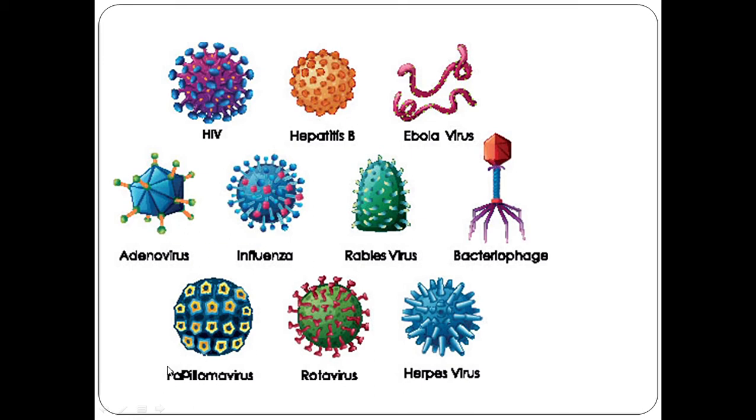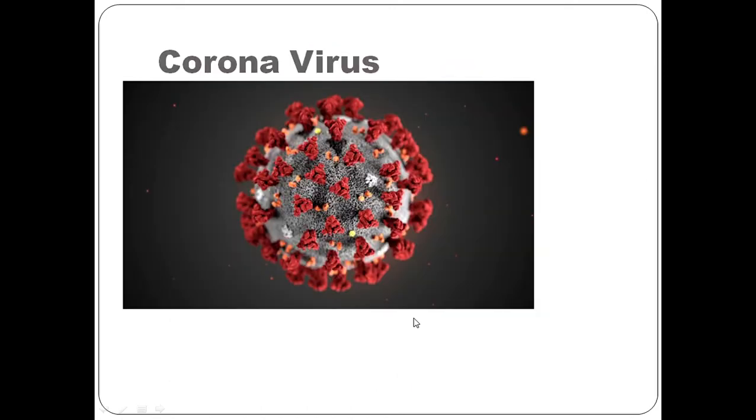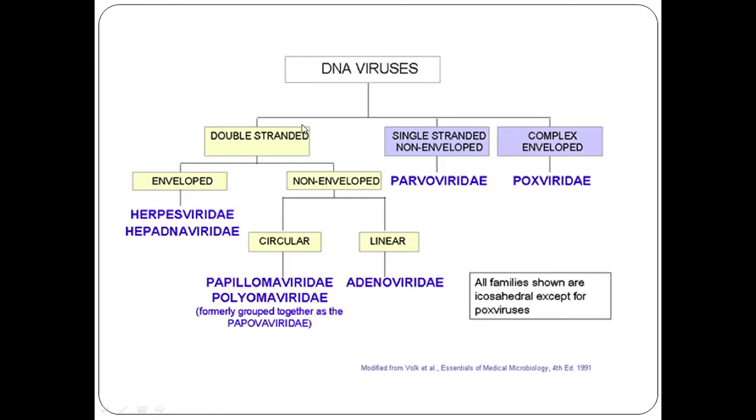Adenovirus, papillomavirus, rotavirus, and herpes virus are some of the other viruses. And now one of the most important viruses, the coronavirus, is also a type of virus that occurred in 2019, known as COVID-19.